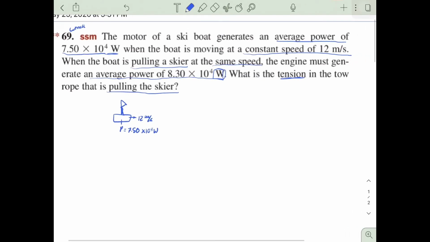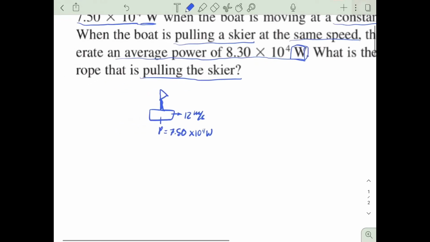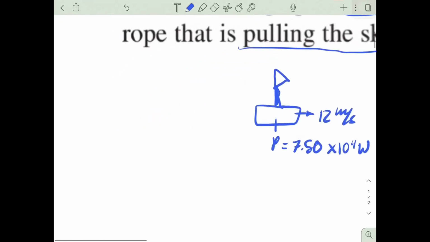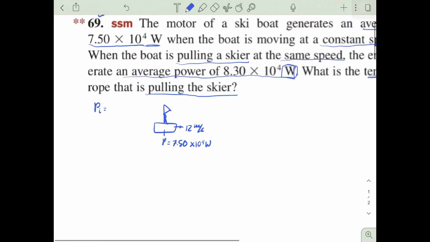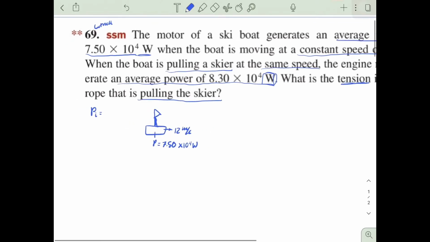Since they're asking what is the tension in the tow rope that is pulling the skier, we know that that's the final power the boat is going to have. To list it down in a way that is more visually understandable, our power initial in this case is the boat itself without pulling the skier, going at 12 meters per second.